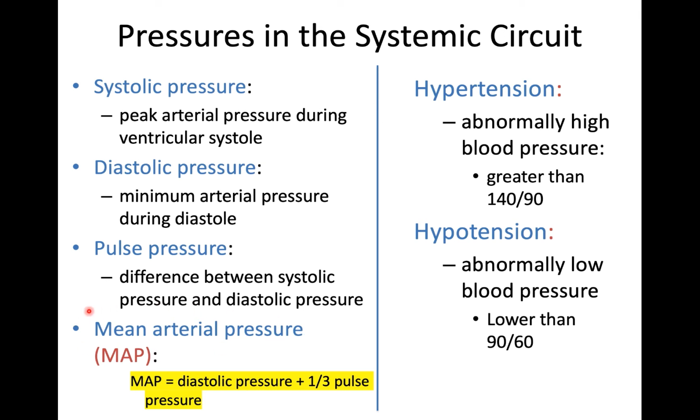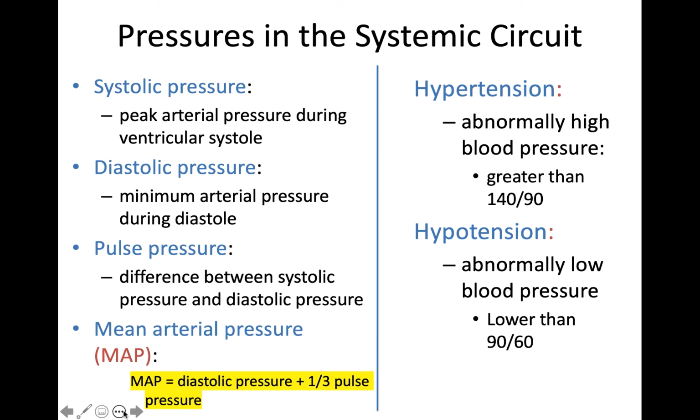Here is that equation that I mentioned at the beginning of this PowerPoint. I need you to memorize the equation for mean arterial pressure, the average blood pressure through the arteries. It is equal to the diastolic pressure plus 1/3 of the pulse pressure. Now, this equation needs to be memorized, but you will not be allowed to use a calculator on the next test.